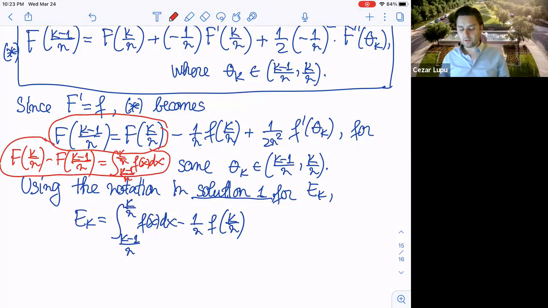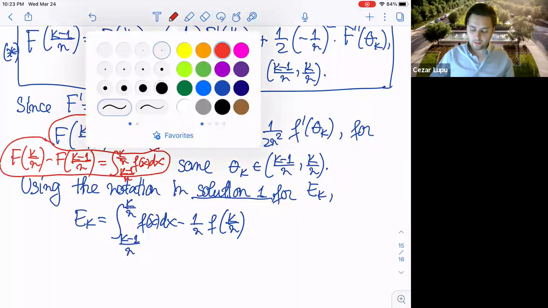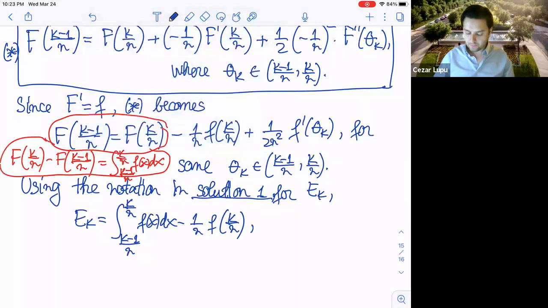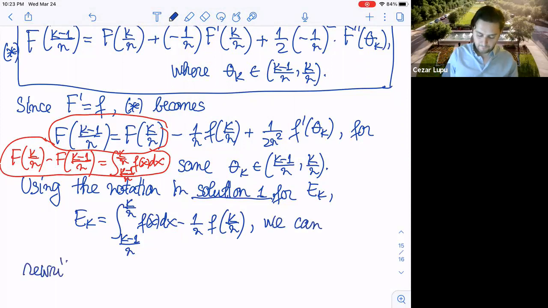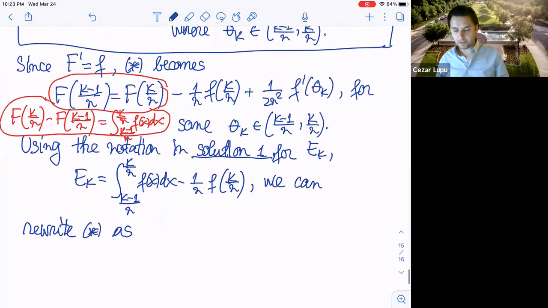All right, so using this notation, we can rewrite star in the following way.